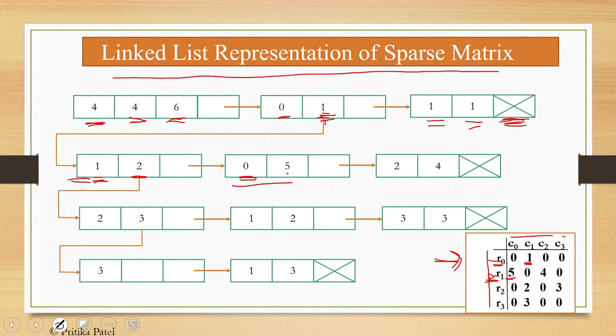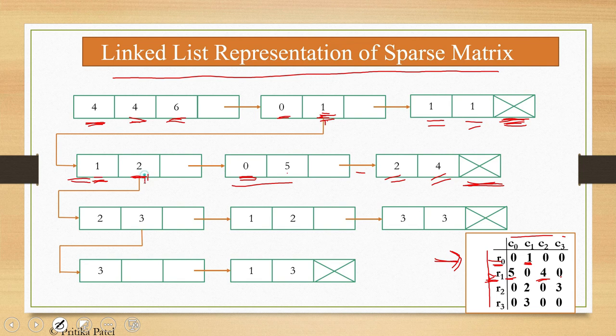Then it points to the next column, if any column has a non-zero element. Here 4 is a non-zero element, so this is column number 2 with element 4. Now there is no other non-zero element, so this column ends with null.